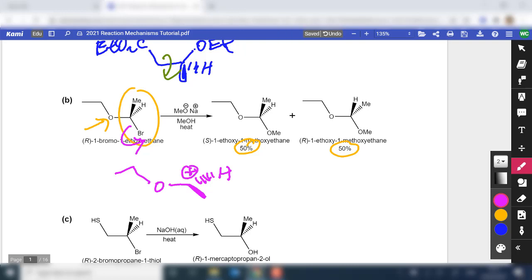But take note that this particular carbocation is actually not very stabilized because it is directly bonded to this highly electronegative element, which is oxygen. So it's going to make the positively charged carbocationic center even more positive.